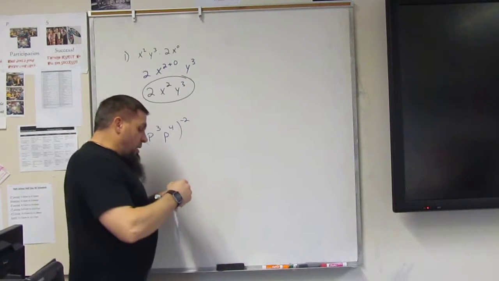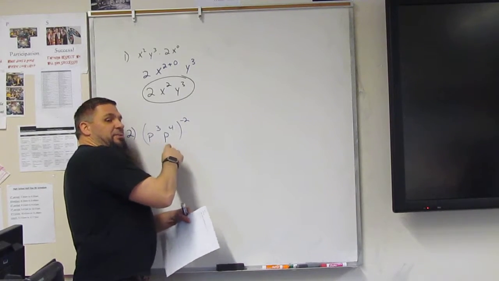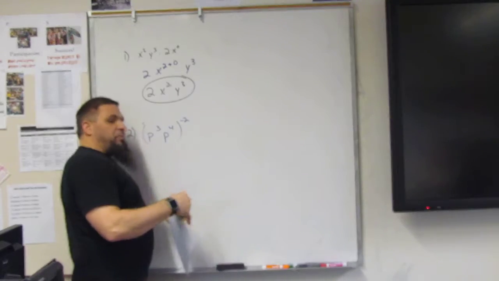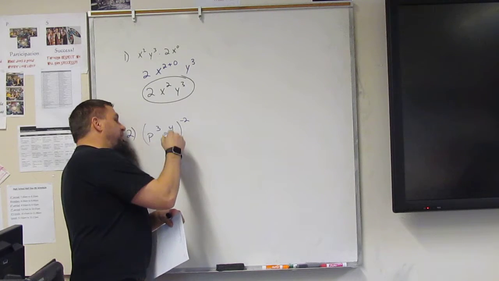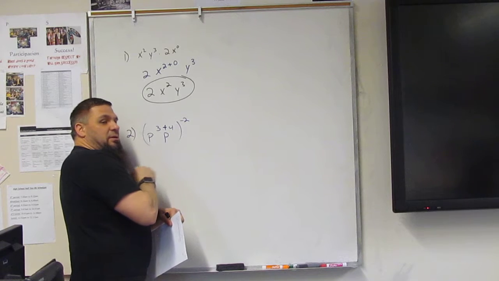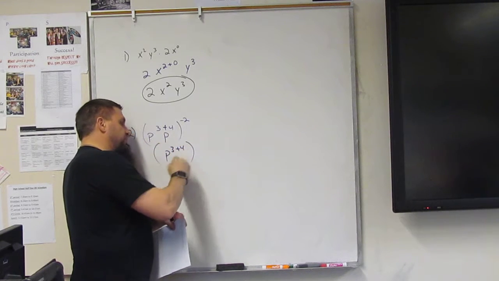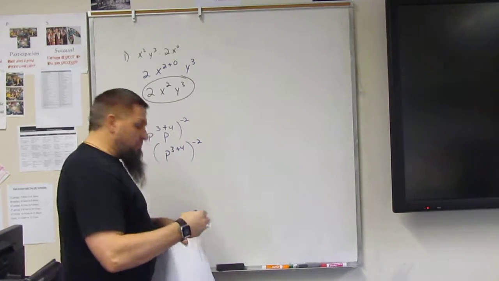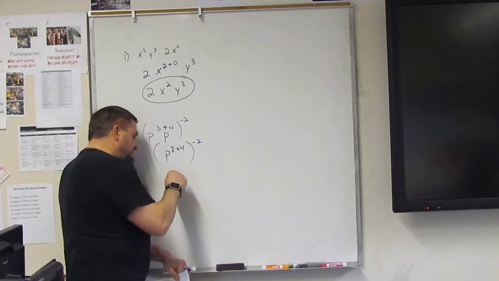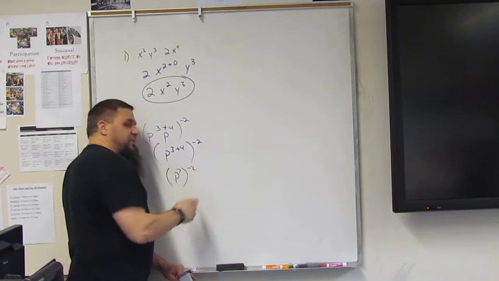Okay? Then we have this one where we have p times p. It's a little p. So we take the p times the p and we just add these. So I get p to the 3 plus 4 raised to negative 2. What's 3 plus 4? 7. Okay? So that means I have p to the 7 raised to negative 2.